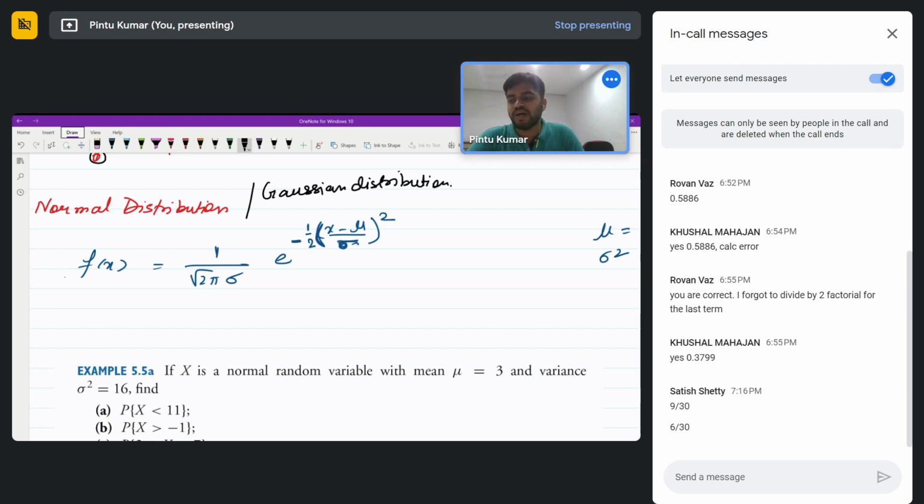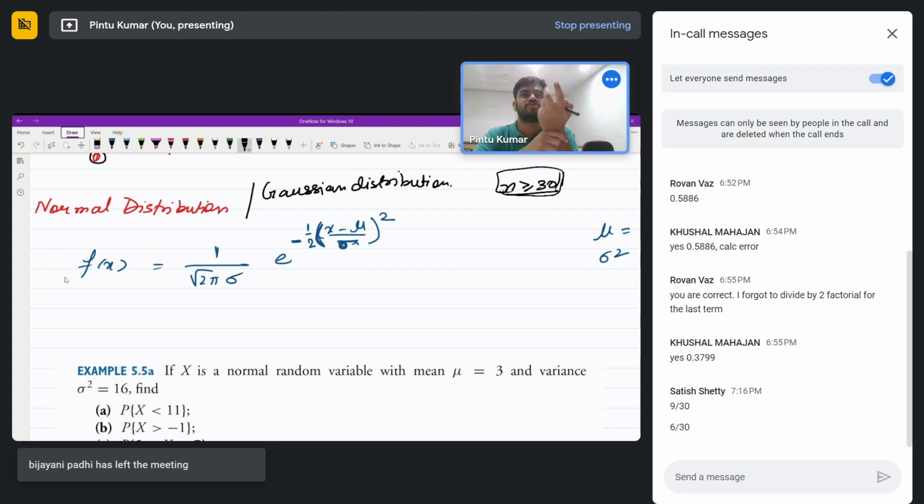First is that if you have a sufficient number of samples, which people generally say is more than, let's say, 30 samples, then the data you have collected follows a normal distribution. So if you don't have any idea about your data points, then the best distribution to fit to them is the normal or Gaussian distribution.